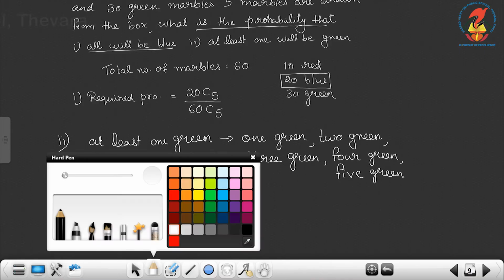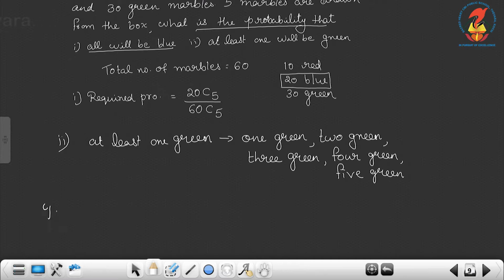So, the first case, I am writing the required probability is equal to, the first case where 1 is green. We are taking 5 marbles, out of that 1 is green. So, from green take 1. How to write? From 30 we are taking 1 green.